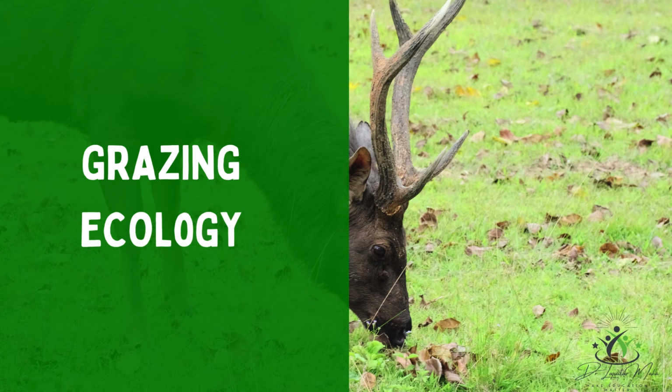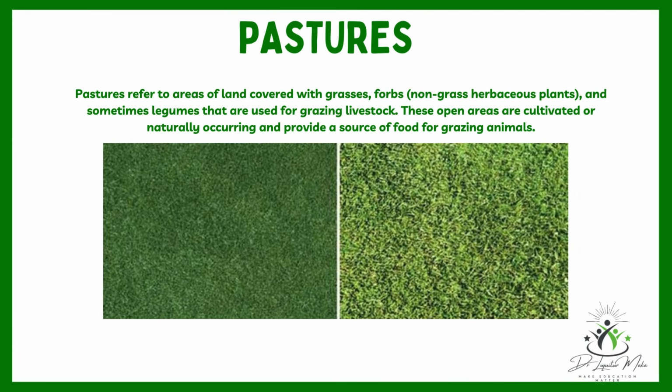If you ensure that grazing ecology is done up to a good standard, it will ensure that your pastures are sustainable, and you will be able to control how many animals feed on a particular area. And if the natural pastures, for example, are getting depleted, it might lead you to plant artificial pastures.